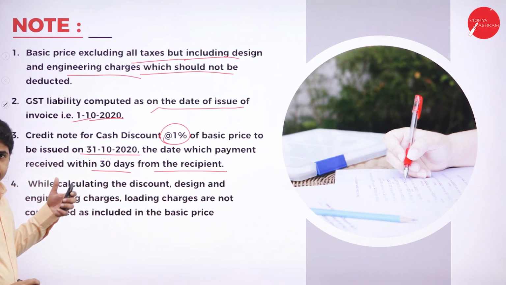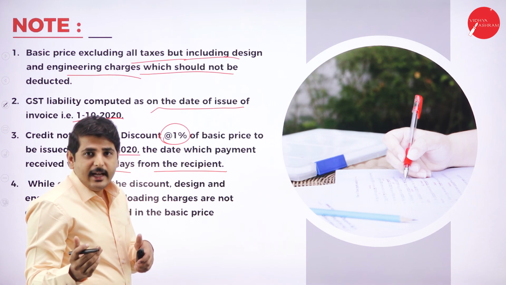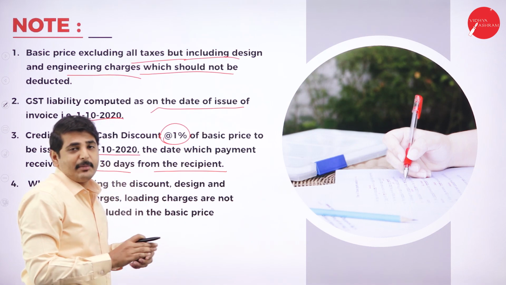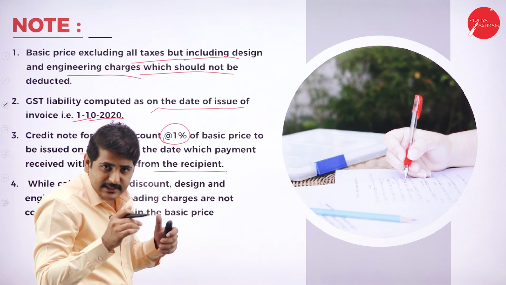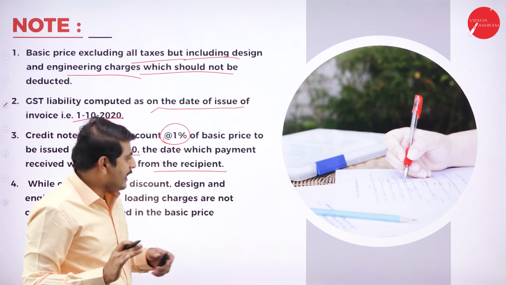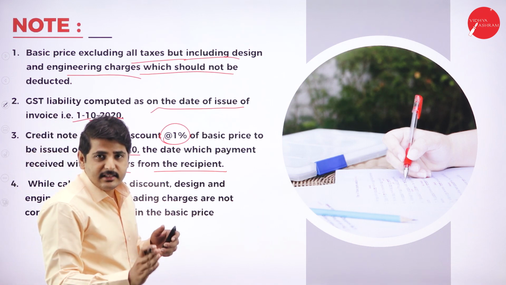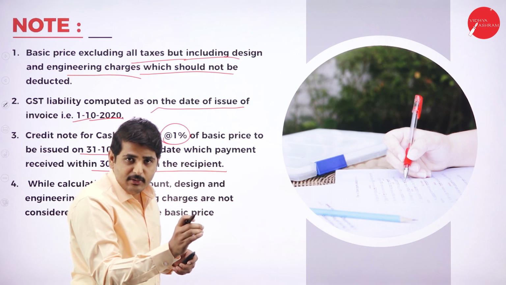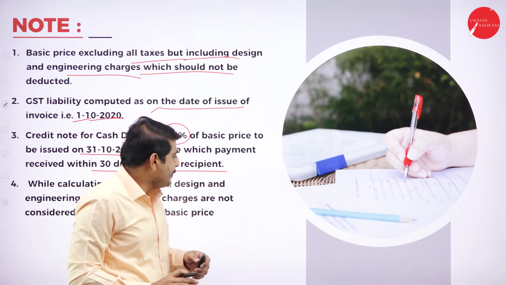So once the goods are sent to the customer and he pays the amount to the supplier, then only the discount can be allowed, but the GST has to be paid while supplying the goods. That's why first we calculated the actual GST payable, then deducted the discount GST from the total GST payable.